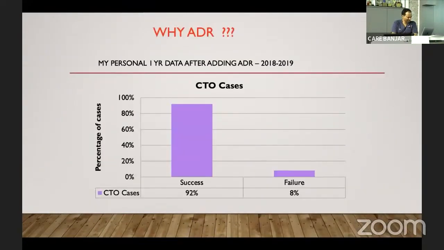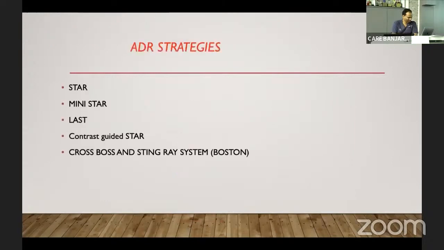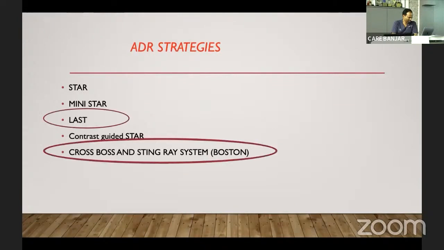So coming to dissection re-entry, this is my personal data, wherein ADR contributed significantly to my success. It is 12% of my cases' success. There are various ADR strategies, but I think these are the most predictable.